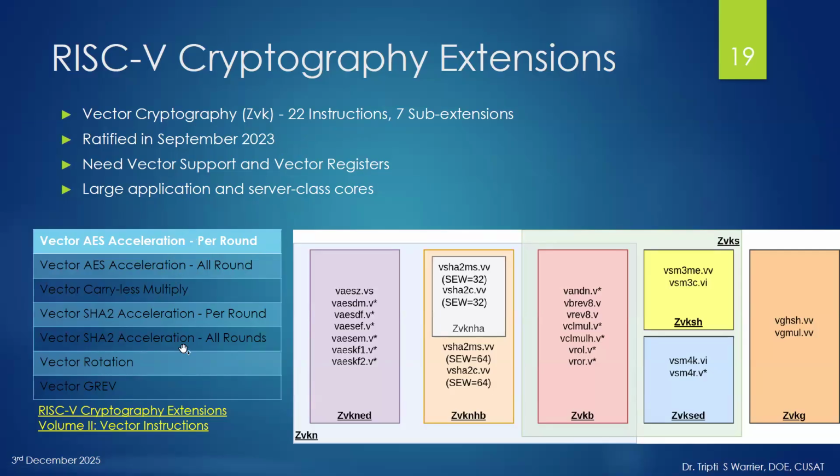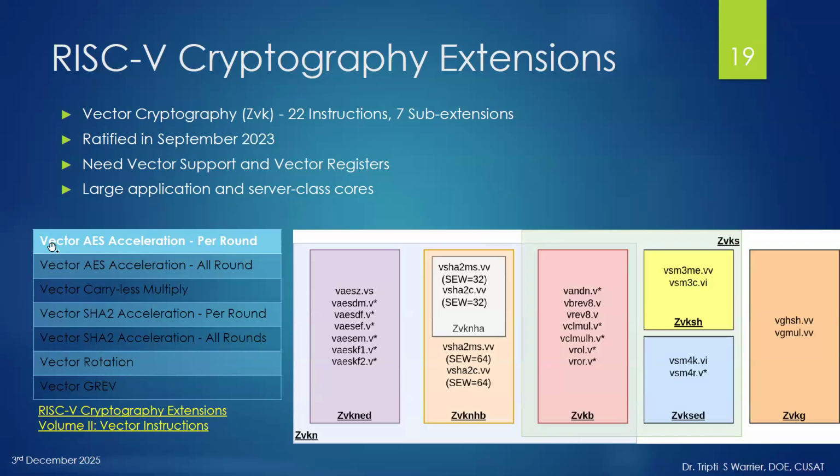The instruction subsets still talk about AES, carryless multiplication, SHA, etc. What it means is that here the instructions work on multiple elements stored in vector registers. The vector ISA allows you to define how many elements and what element size are possible.